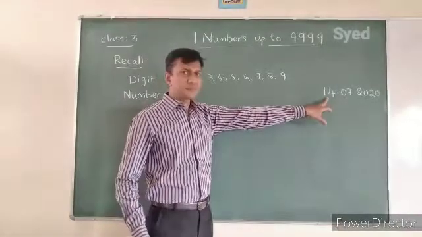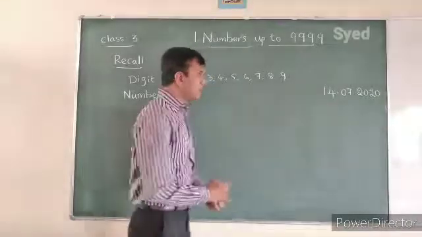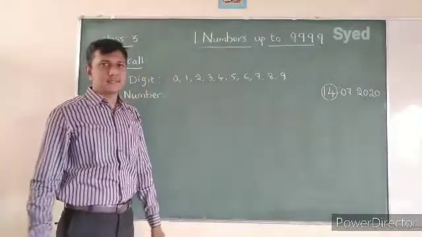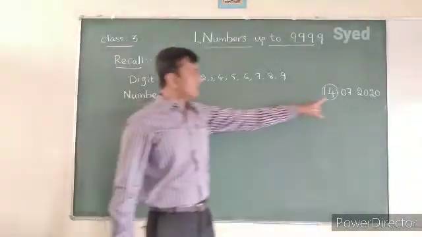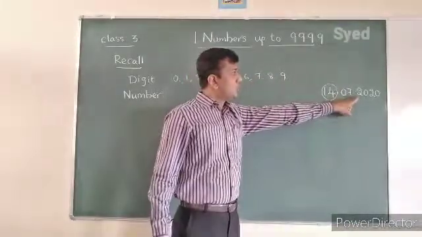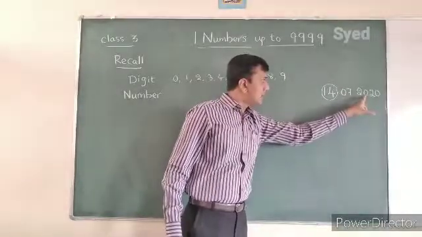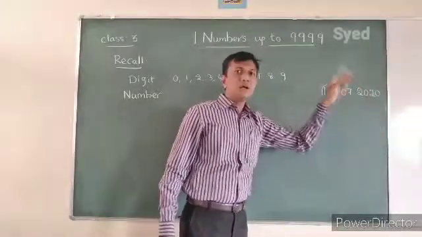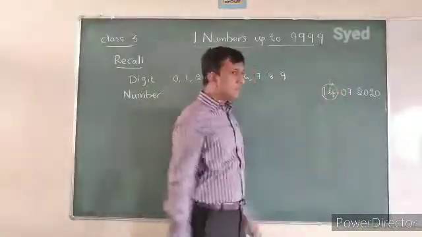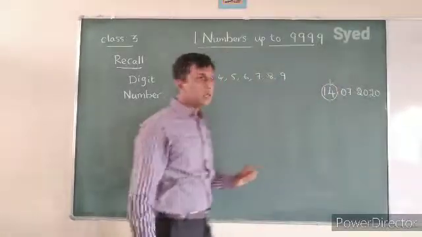In 14, 1 is one digit, 4 is also one digit. So like that, it is a combination of digits. Similarly, 0 is one digit, 7 is also one digit. 2020: each and every digit, 4 are there here, is called a digit. Overall, 14 is a number, 7 is one number here, 2020 is also a number.